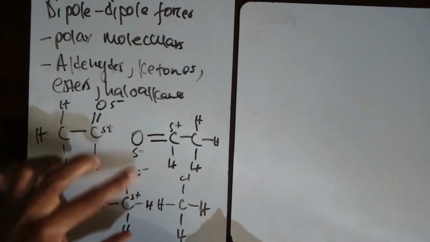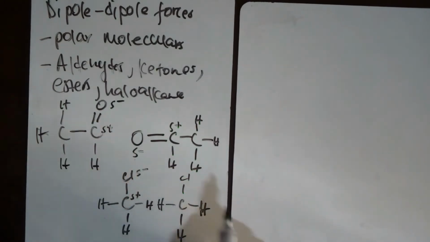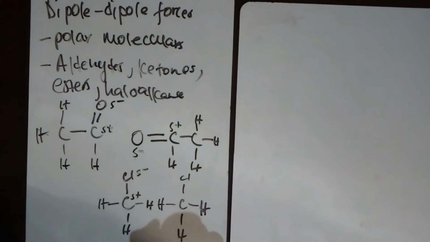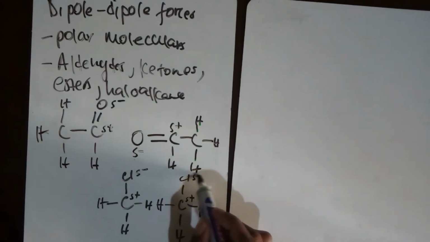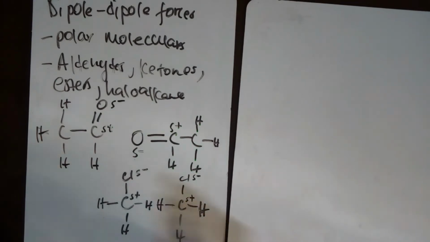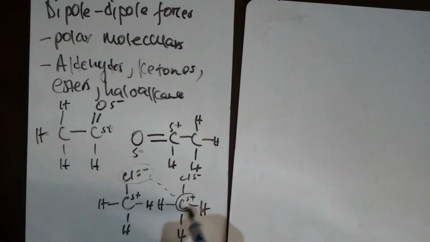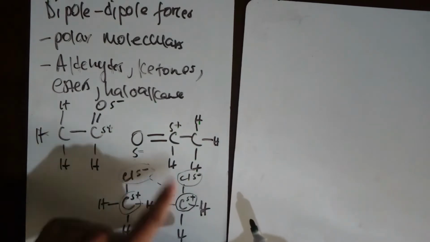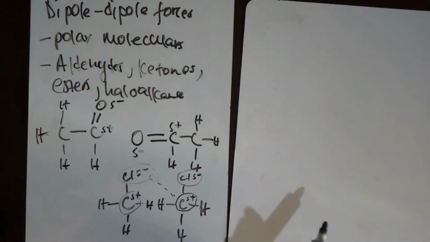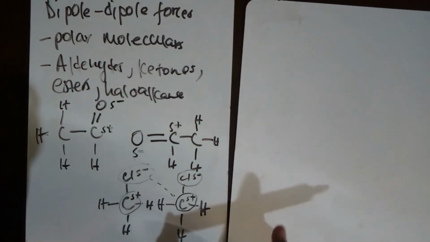This is in reference to their electronegativity. And then here, slightly positive, slightly negative, right? And then this slightly negative part will be attracted to this slightly positive part of the other molecule, and the same thing here, and then you form those dipole forces, right? I hope that is making sense, right?